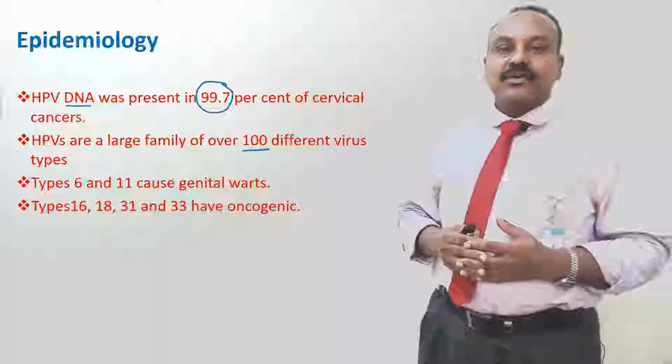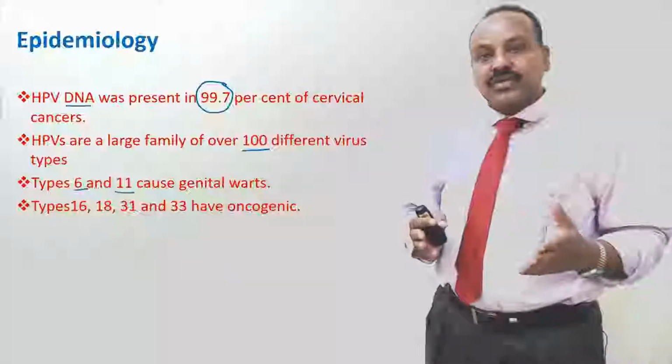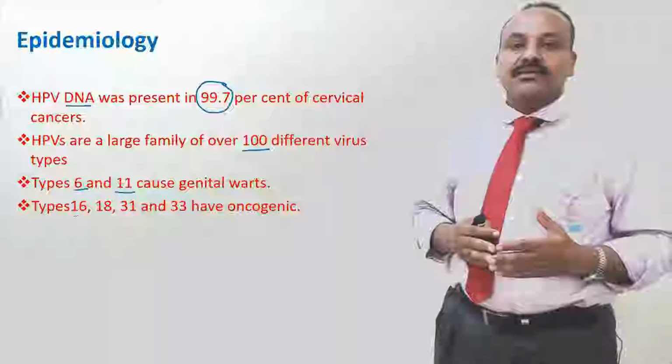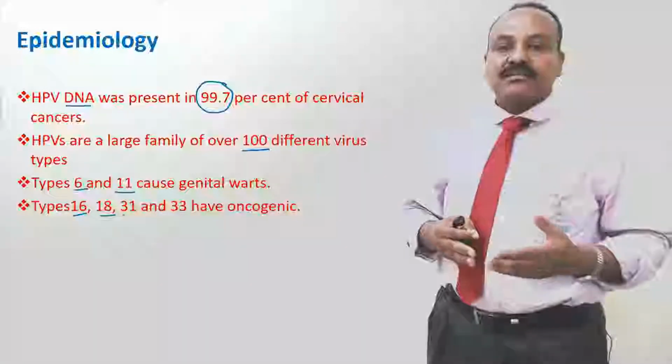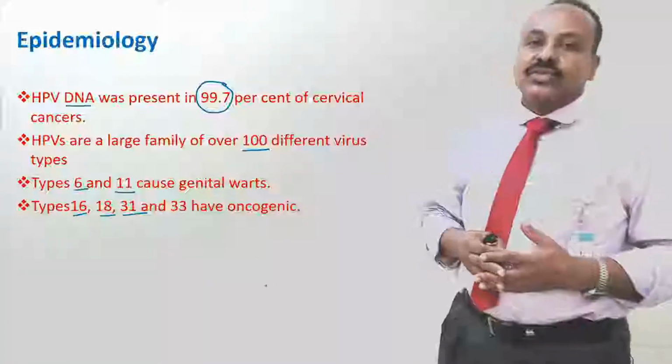Type 6 and type 11 cause only genital warts, while type 16, type 18, type 31 and 33 are oncogenic viruses.